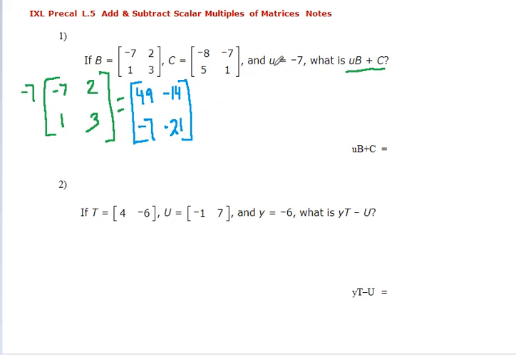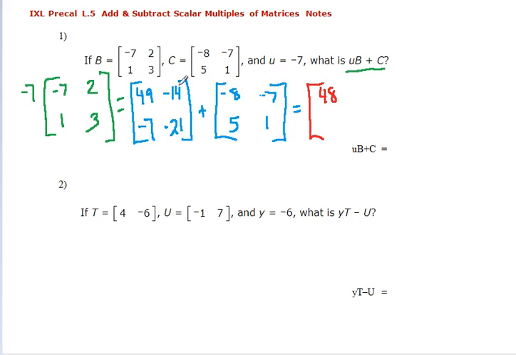Now we want to add matrix C to this one. So this will bring this matrix down. We've multiplied this one by -7, and then we're going to add it to matrix C. So when we do that, we've got 49 and a -8 is going to give us 41.